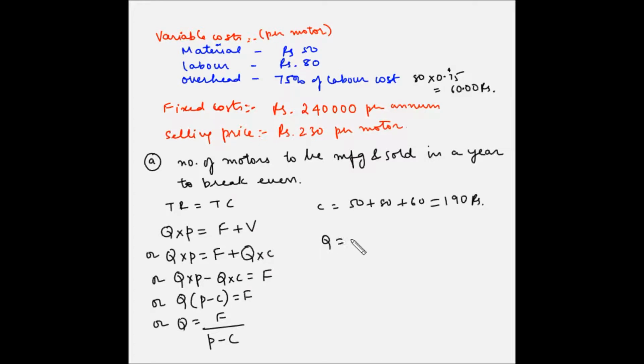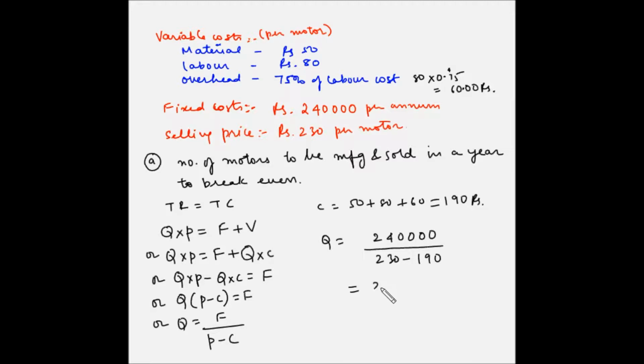So Q is equal to F, which is 240000 divided by P, which is 230 minus 190.